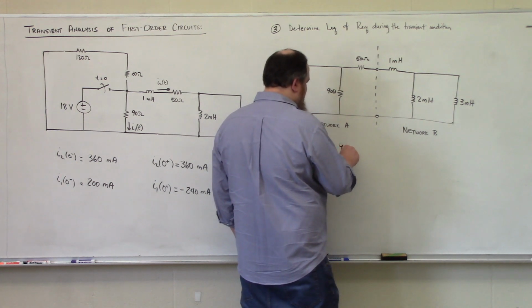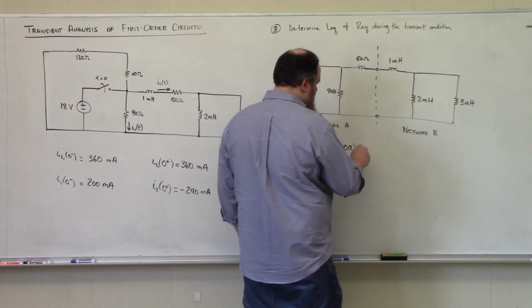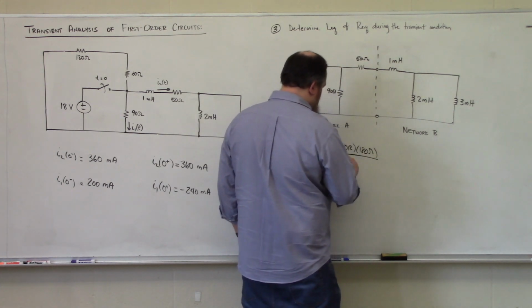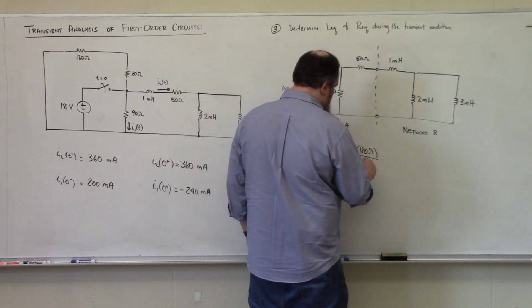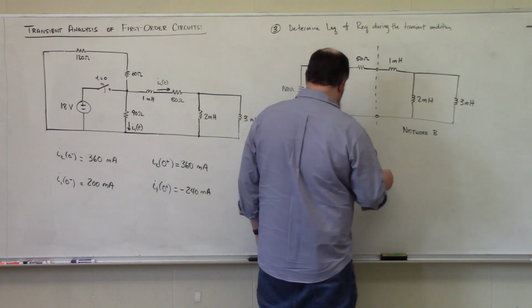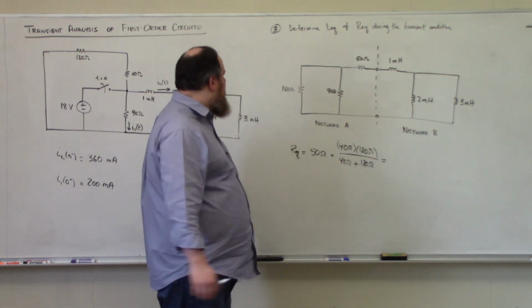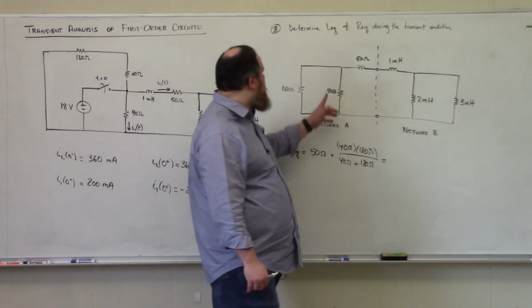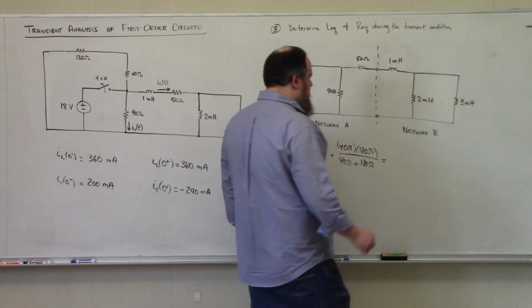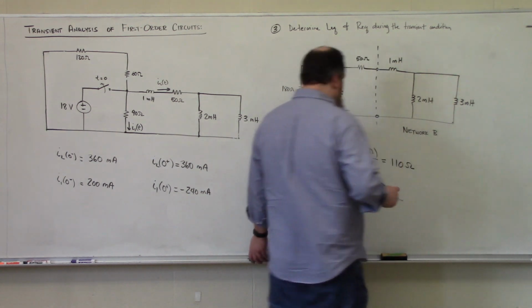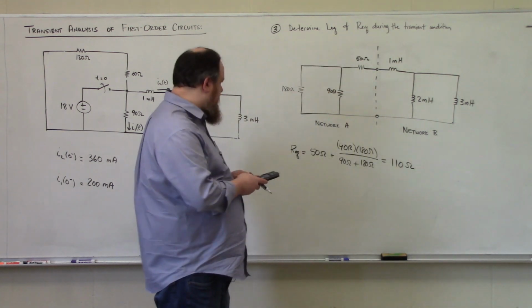So that's 90 ohms times 180 ohms divided by 90 ohms plus 180 ohms. I believe that this parallel combination gives us 60 ohms. So 60 in series with 50 looks like 110 ohms.